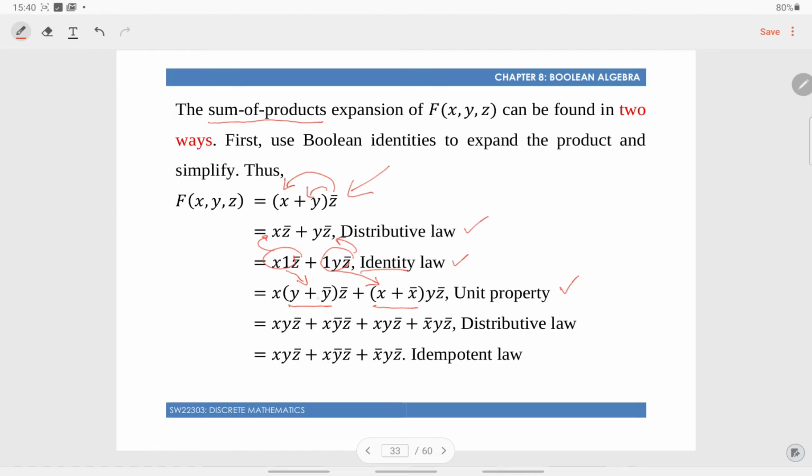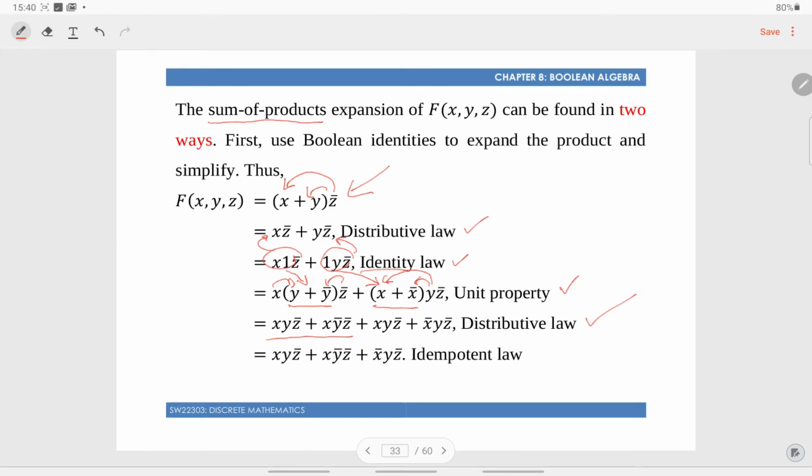Then we expand. We bring x inside the parenthesis, and z complement also inside the parenthesis. So we have this expression: x y z complement plus x y complement z complement. The same goes with this one. We bring this one inside the parenthesis, so we have x y z complement plus x complement y z complement. This comes from the distributive law.